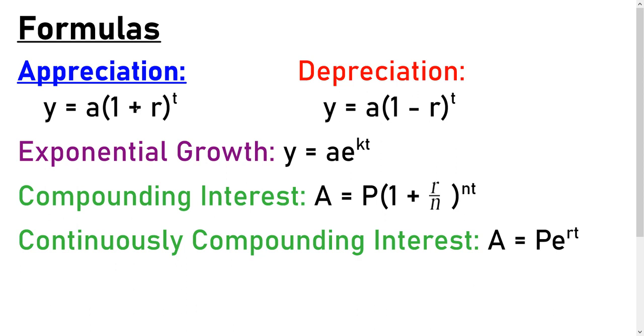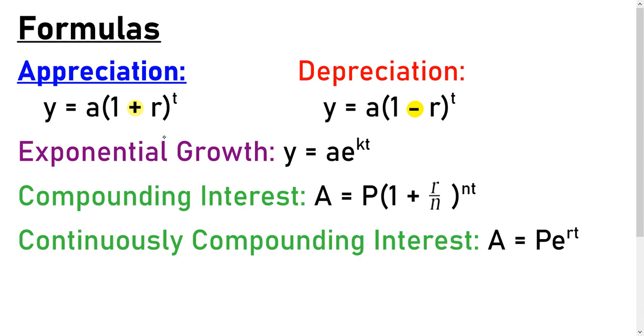The only real difference is with appreciation, we are adding value over time, whereas with depreciation, we are losing value over time. So make sure that you look at that with a scrupulous eye to make sure that you don't accidentally say something's growing, but then you take away value, or that something's losing value, but in fact you're adding it.